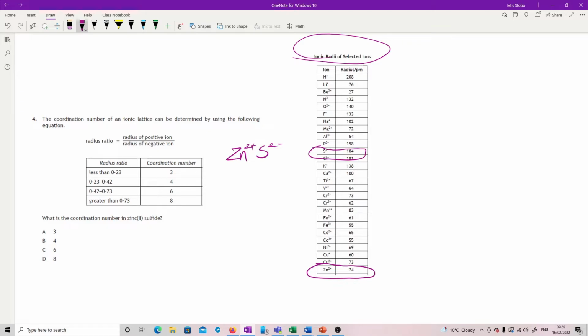So literally I'm just putting that my ratio is my positive ion, zinc 74, divided by my sulfide ion, which is 184. That's it. When I do that I get 0.402, which goes on for a while. The important thing is that it's actually in here. So the coordination number is 4.